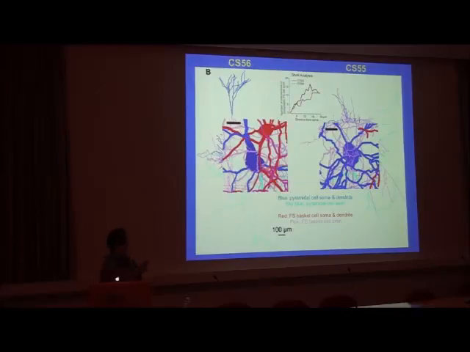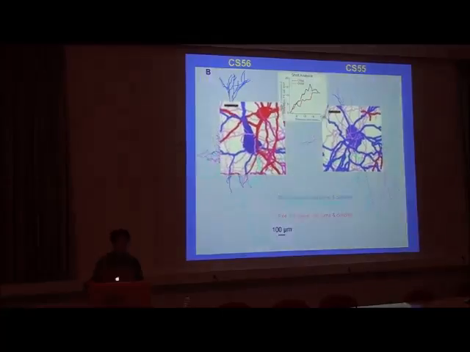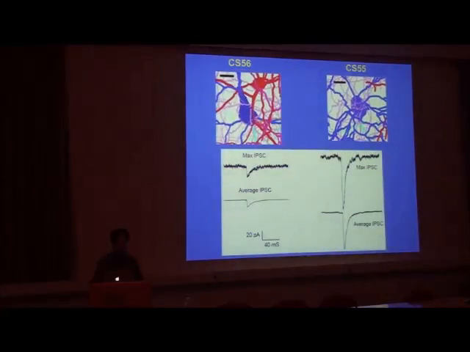And we did a quantitative analysis, and this is really true. It turned out there is a nice correlation with the size of the IPSC. It is small, but this is very large. And then we assume that the number of somatic synaptic contacts is a big factor for the IPSC size.